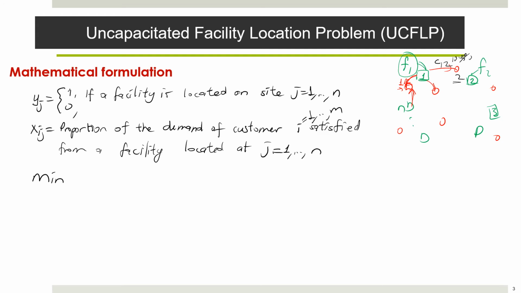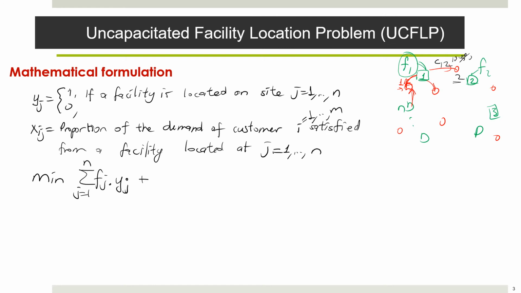Then using these, we can write our objective as: it will be Fj, the fixed cost, multiplied by Yj. Remember, Yj is binary, 0 or 1. If it is 0, there is no fixed cost. If it is 1, then I'm adding up that fixed cost. And how many alternative facilities do I have? j from 1 to n. This is the total fixed cost.